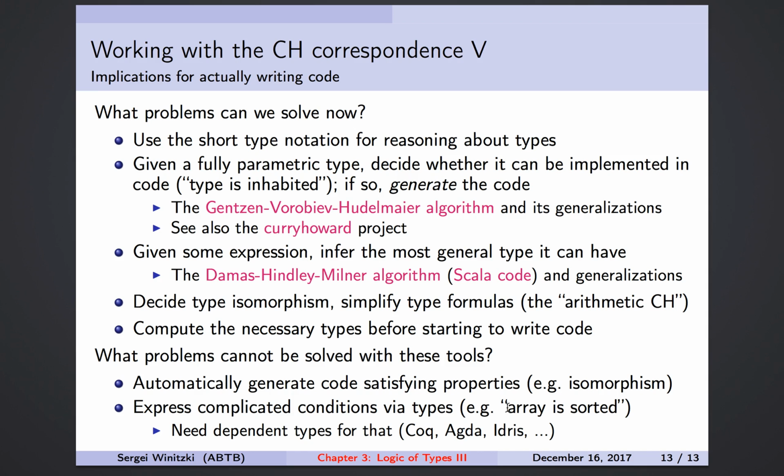The types that we have worked with are not powerful enough for that. There are more powerful type systems that are called dependent type systems, and programming languages like Coq, Agda, and Idris. These are the languages that implement dependent types, and they can express such conditions as the list or array is sorted, or has a certain length and is sorted, or something like this. You can have non-trivial conditions enforced by types.